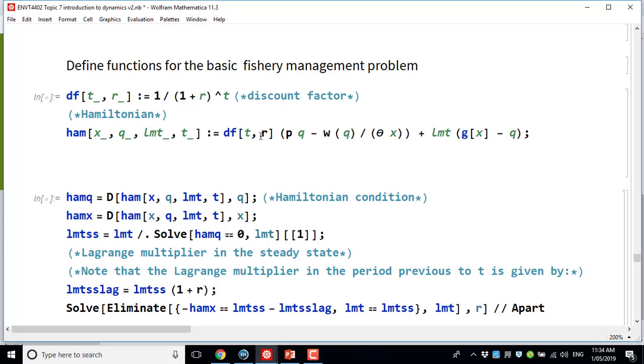So it's giving us the change in stock, and we're defining the Hamiltonian. So we define this function, and all this function does is help us to remember all those conditions on the Lagrange multipliers and partial derivatives.